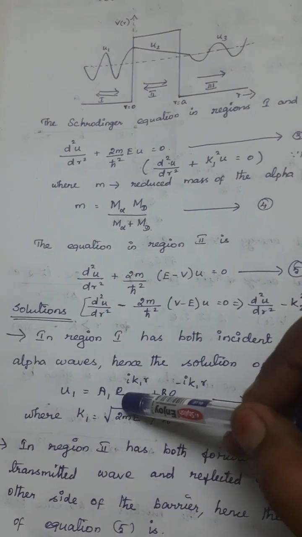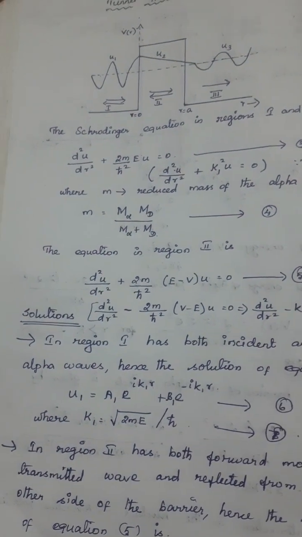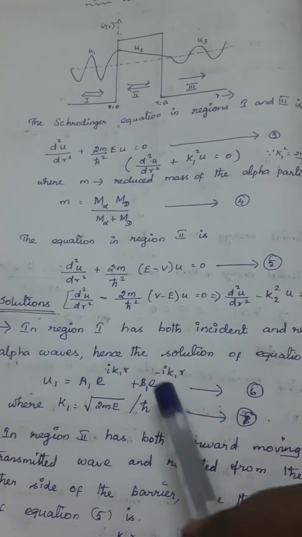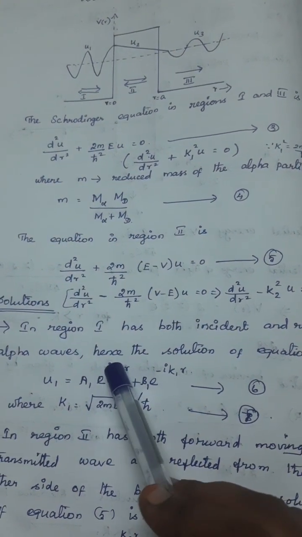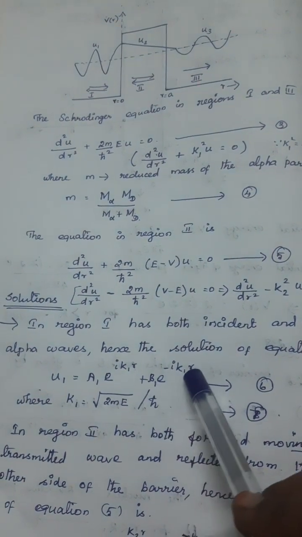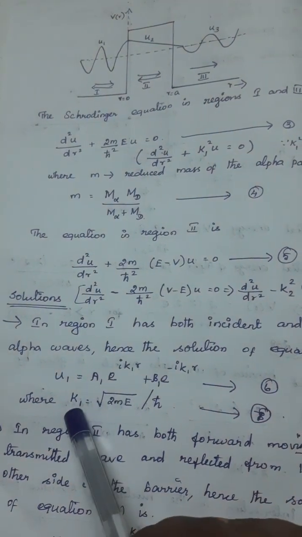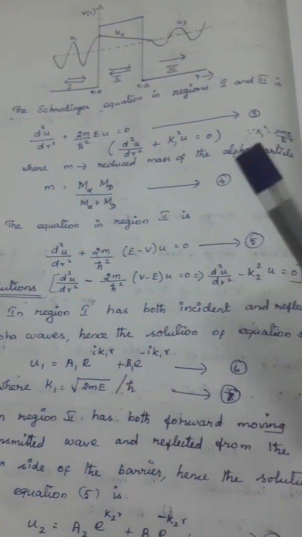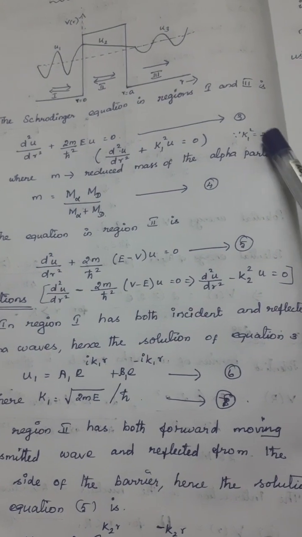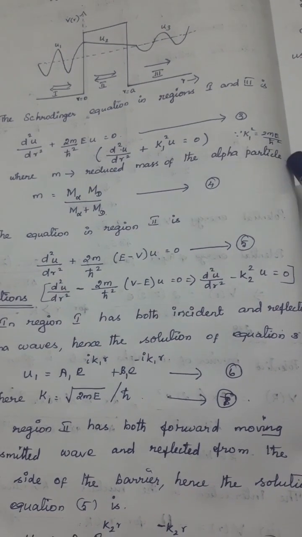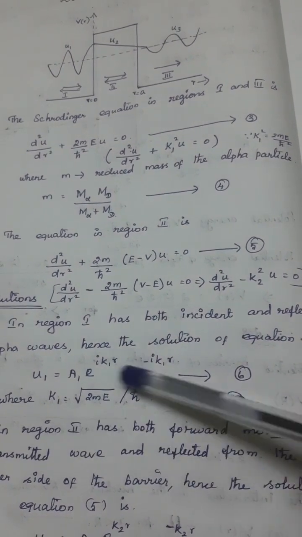Cos kr plus i sin kr. So it is simply a1 e power ik1r plus b1 e power minus ik1r. In our case k1 squared is equal to 2mE by h cross squared, so k1 is the root of that.